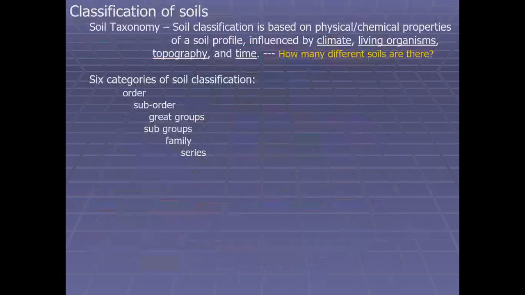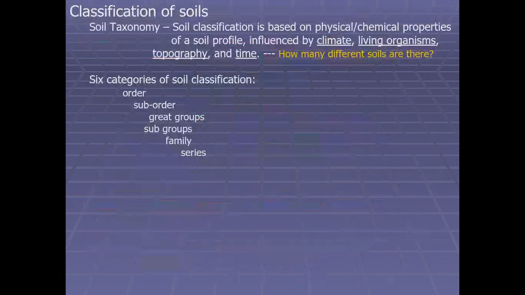And as we learned in the previous slide, those properties are influenced by all of the factors that we just discussed: climate, living organisms, topography, time. Is it residual? Is it transported? And so forth. Based on that, you can imagine, if you're a soil scientist, how many different kinds of soils can be classified.